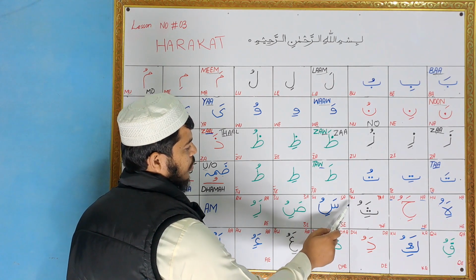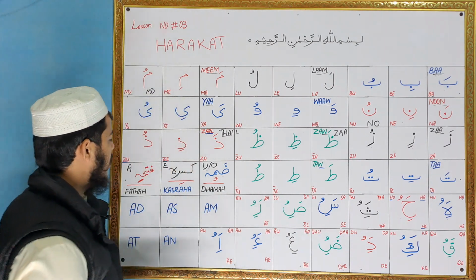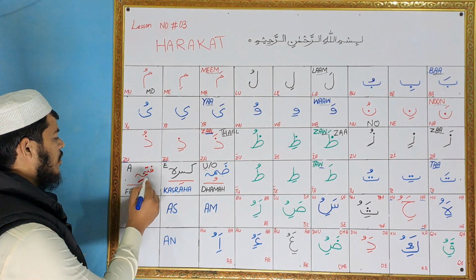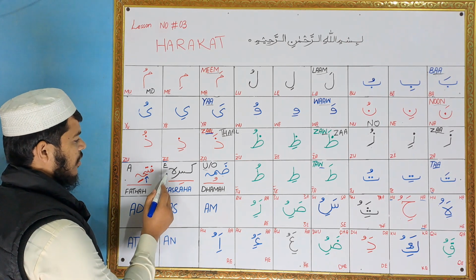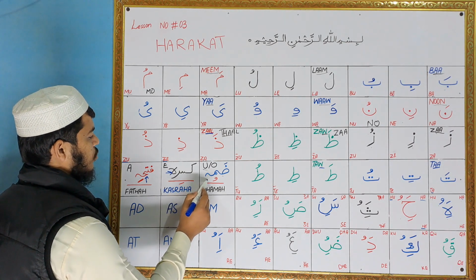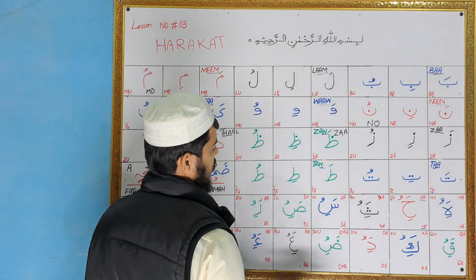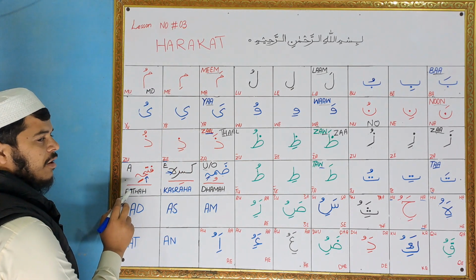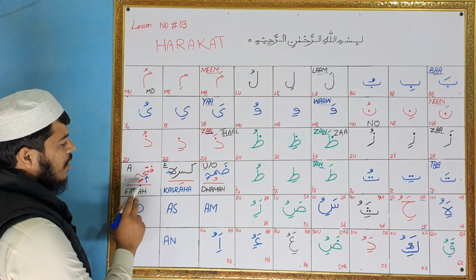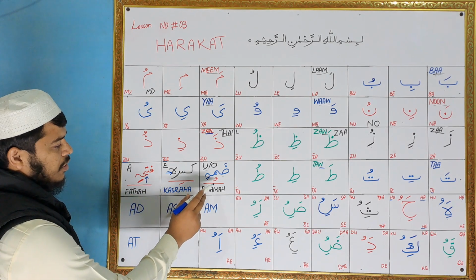Tha dhamma, thu. In fatha, you can see this ha is mentioned, and at the end of the letter kasra and dhamma, the other ha is mentioned. Okay, so the correct pronunciation of this one is fatha, kasra and dhamma.